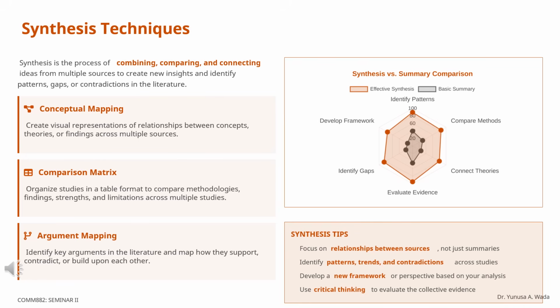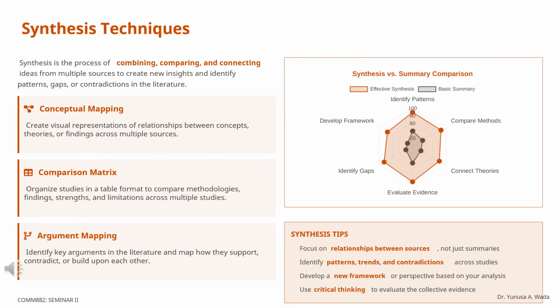And here, synthesis is just the process of combining, comparing, and connecting ideas from multiple sources to create new insights and to also identify patterns, gaps, or contradictions in the literature. Unlike summarizing, where we simply report what each source says, synthesis involves combining ideas from multiple sources to create a new understanding.